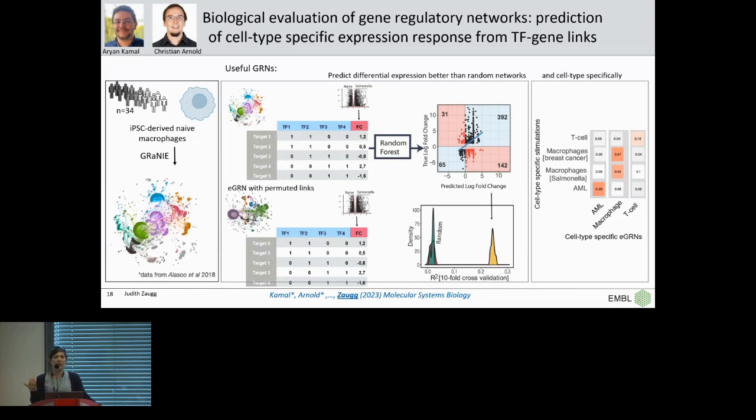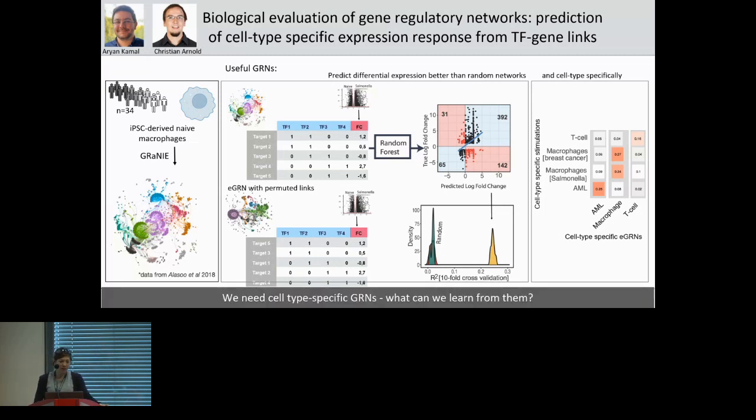And you see that the networks essentially can only predict well in the cell type for which they have been built. Importantly, the data that we use for the stimulation is always independent of the data that we use for generating the network. All right, so now I think we have a case for really saying that we need these cell type specific regulatory networks. What can we learn from them?